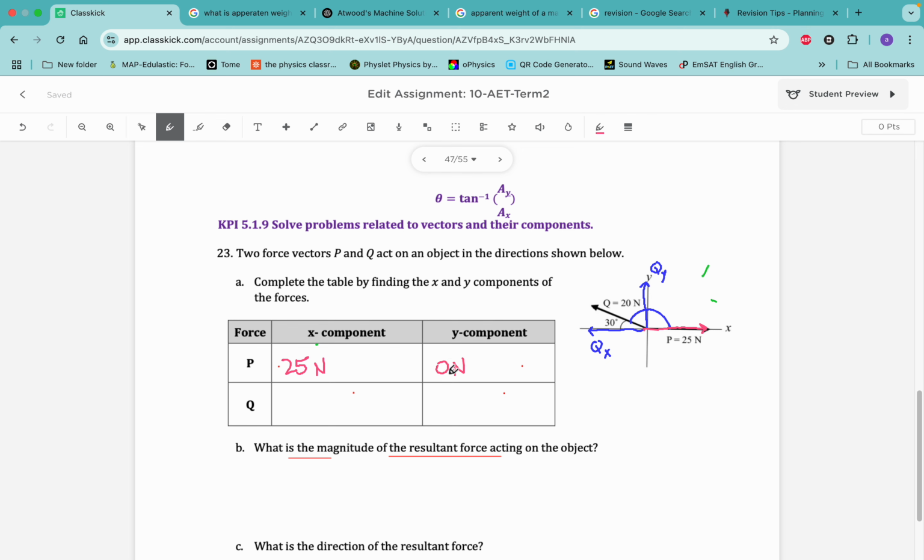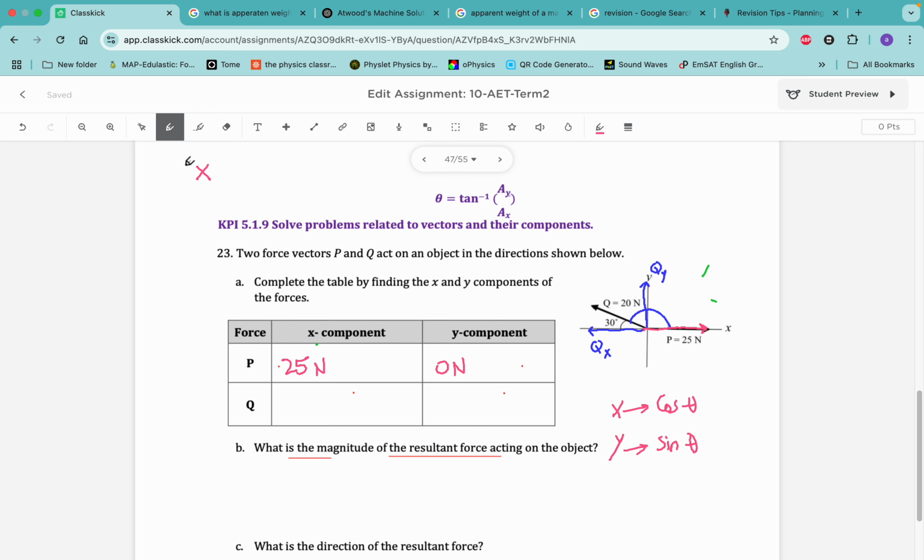But if we need to use the formula, for the x component we use cosine theta, while for the y component we use sine theta. So let me write the equation here.